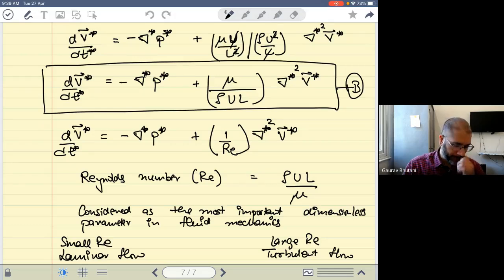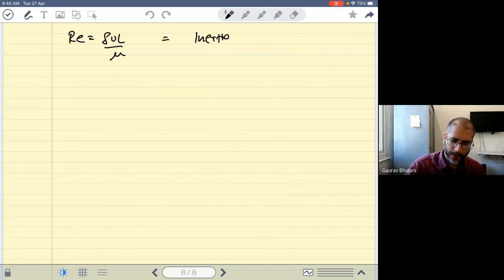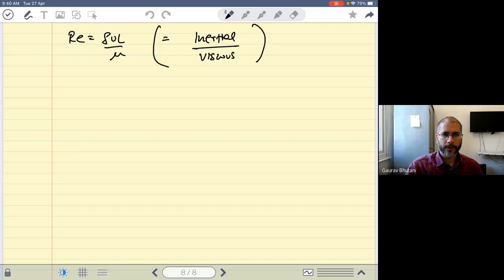In fact, Reynolds number can also be understood. So this rho u L by mu can also be understood as the ratio of inertial to viscous forces. Again, when we talk about boundary layers, etc., we'll go into further detail of these ideas of the ratio of inertial and viscous forces.